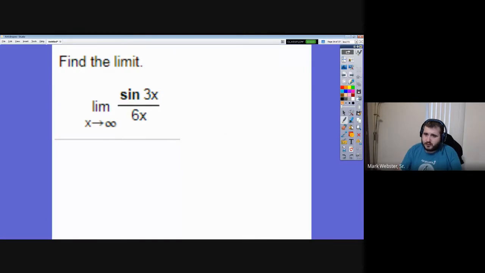All right, for this next one. What causes confusion here is how does the sine function behave, right? Now, if you remember from trig, the sine function, as x gets bigger and bigger, doesn't grow.